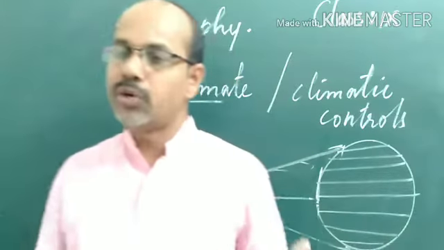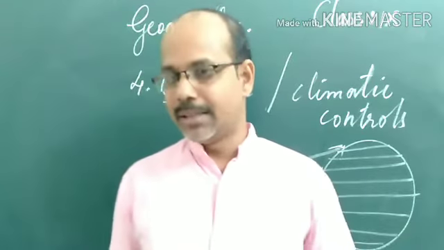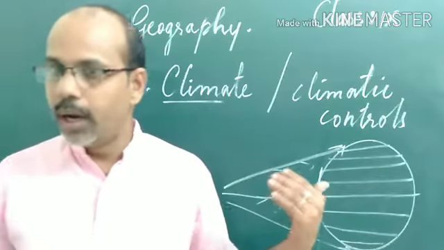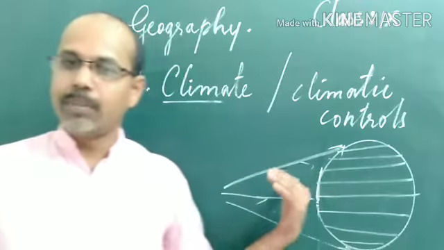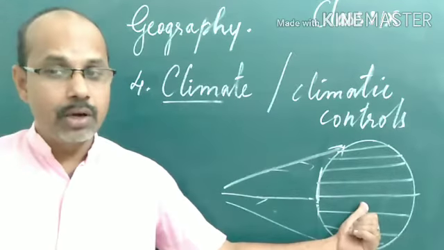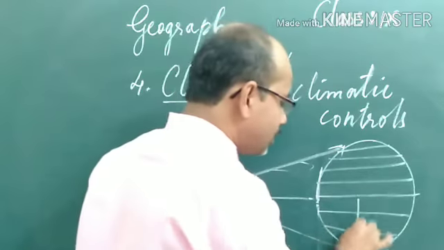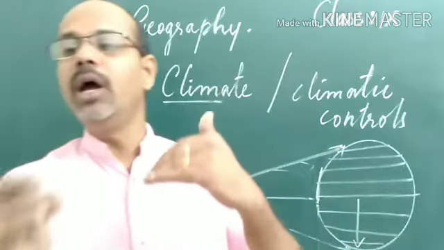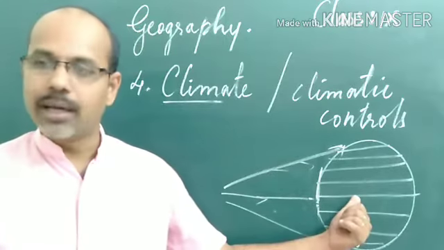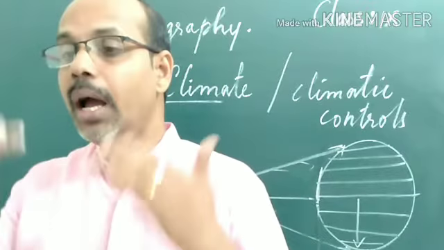As we move towards higher latitudes, the temperature decreases. As a result, air temperature generally decreases from the equatorial regions towards the polar regions. The temperature in the equatorial region is very high, while moving towards the polar regions the temperature decreases.